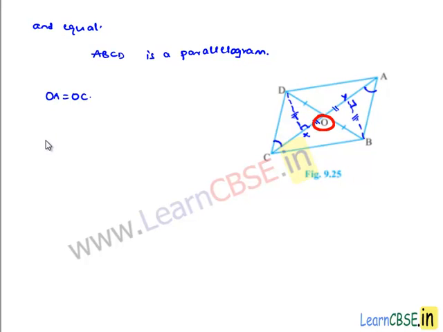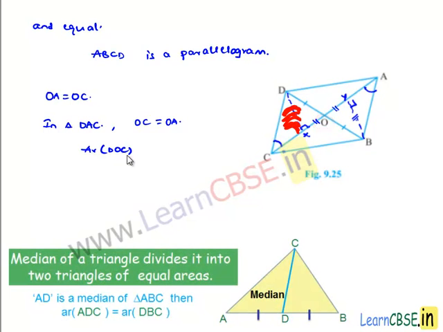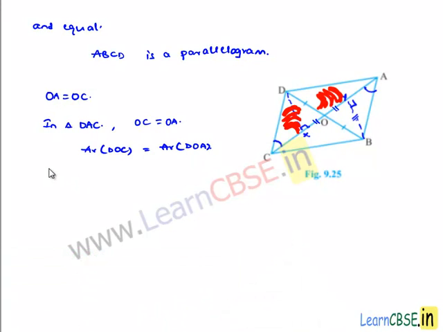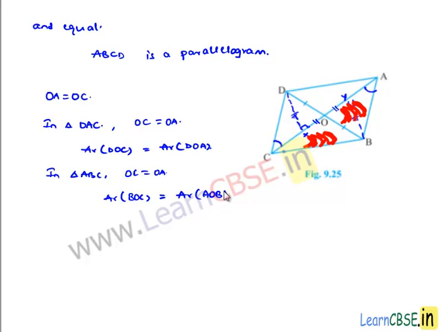Now, let us consider triangle DAC, where OC is equal to OA. Therefore, area of triangle DOC will be equal to area of triangle DOA. And also in triangle ABC, as OC is equal to OA, area of triangle BOC will be equal to area of triangle AOB.